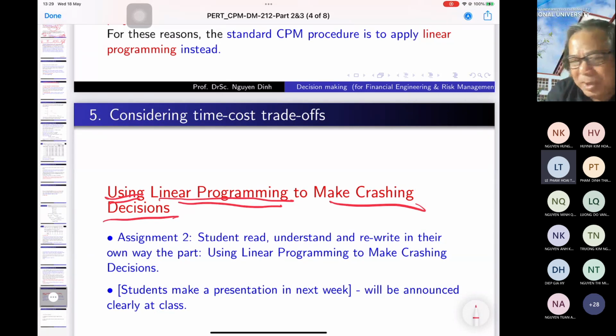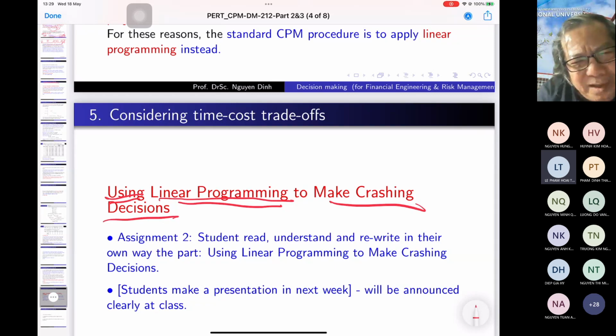So what we study here are just some key points. Because our class is very crowded, I cannot divide it into groups to make presentations. For the optimization 2 class, it is always about 15 to 20 students, so I can do that.